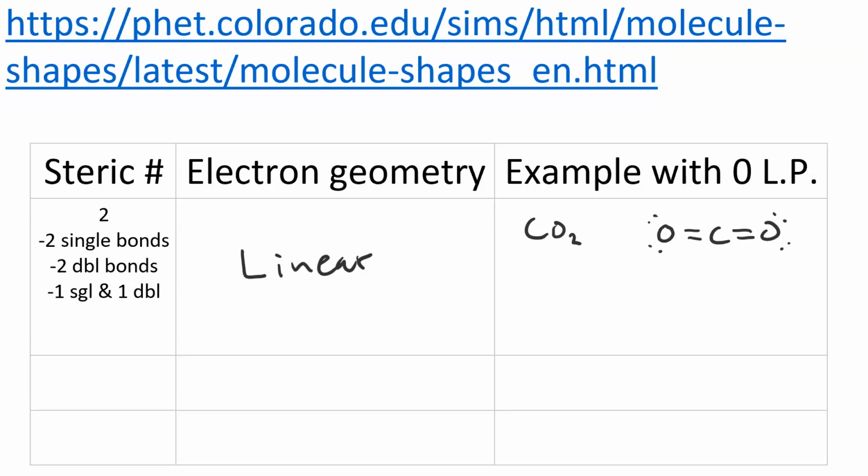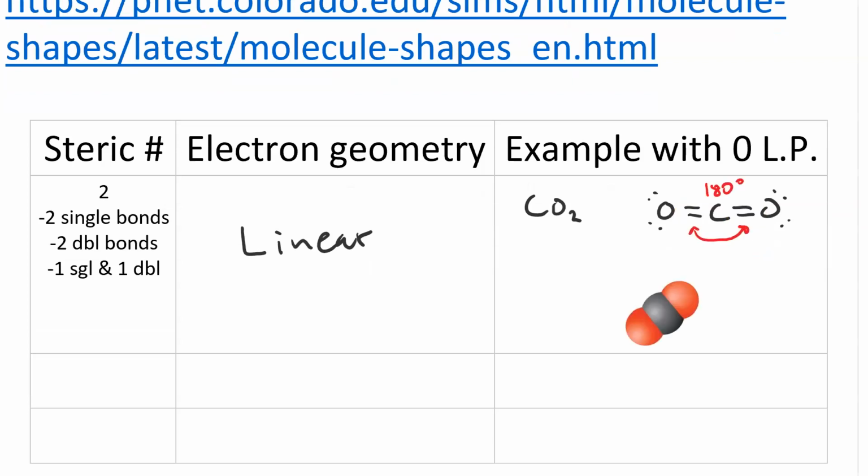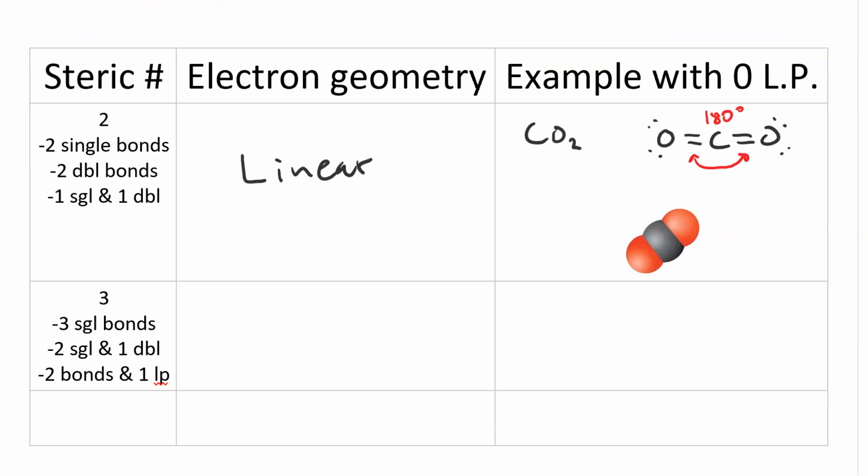And we only are concerned with the electron domains on the central atom, so 2 domains, the steric number is 2, and we get a 180 degree bond angle. And here's a picture of a CO2 molecule. The black sphere represents a carbon, and then the 2 red spheres represent your oxygen atoms.